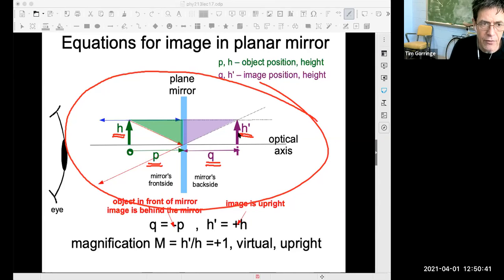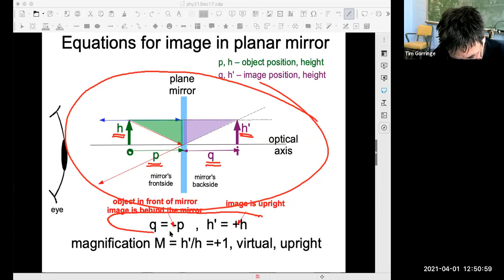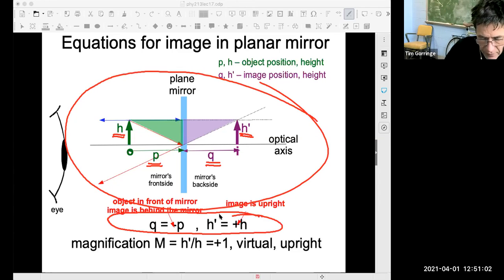And it's in terms of those variables, in terms of that language, that we write down equations for the properties of the image in terms of the object. For the plane mirror, it's quite simple. Here are really the two equations. The first one says that Q equals minus P.